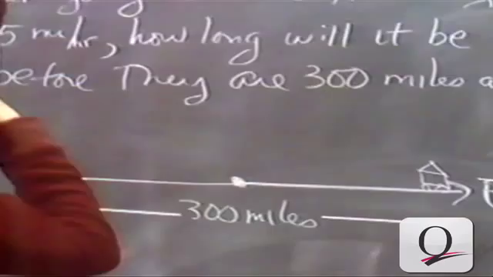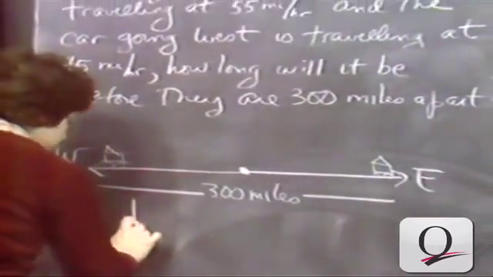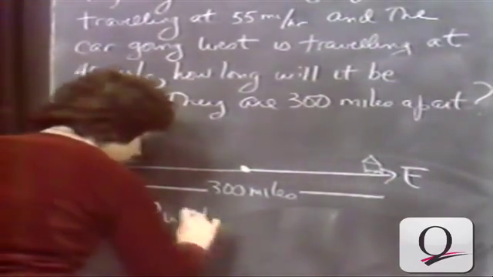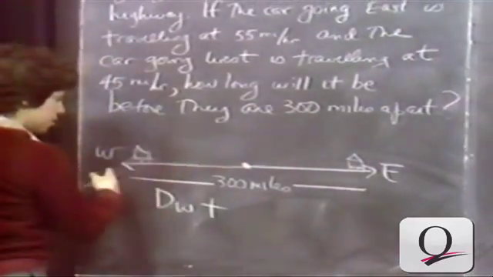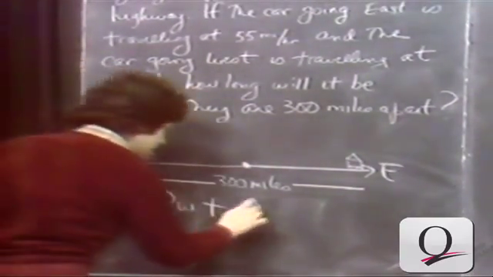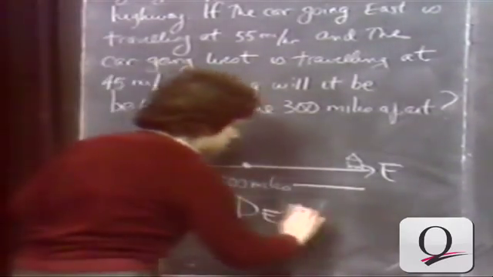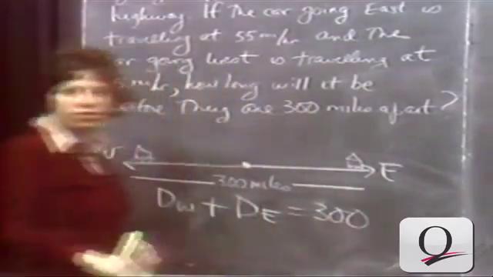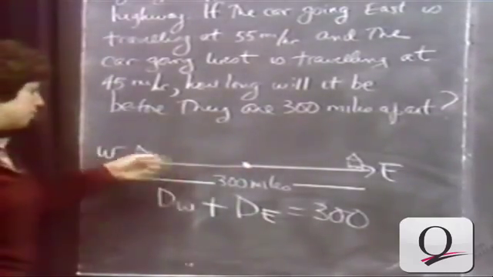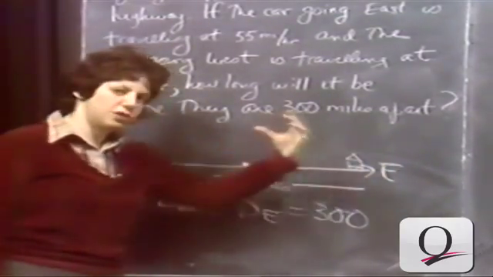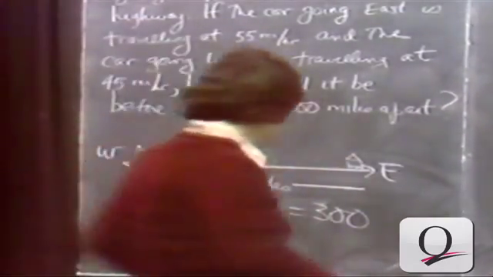Let's say, when is dw, the distance that the car travels going west, plus de, the distance covered by the car going east? When is the sum of these two distances equal to 300? The distance traveled by the car going west plus the distance traveled by the car going east, going in opposite directions. When is the sum of their distances 300 miles?